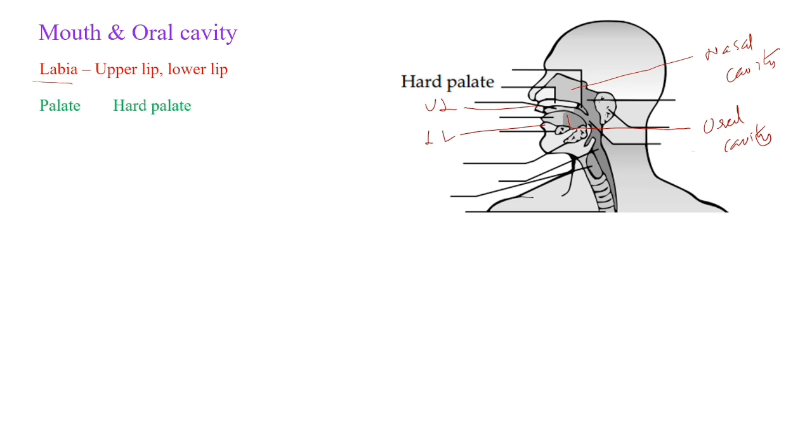The front or anterior portion of the palate is very hard, so it is called the hard palate, and it has some folds called palatine rugae. As you run to the posterior, the palate becomes soft, so that is called the soft palate. At the end of the soft palate, what hangs freely in the pharynx is called the uvula.